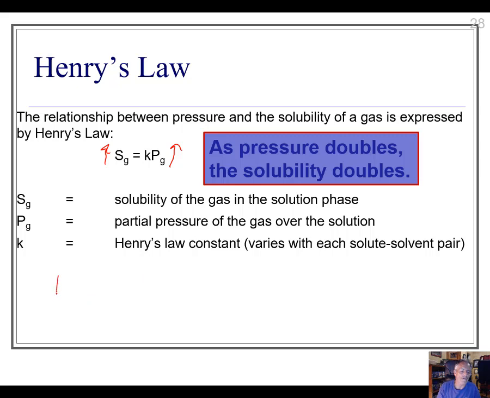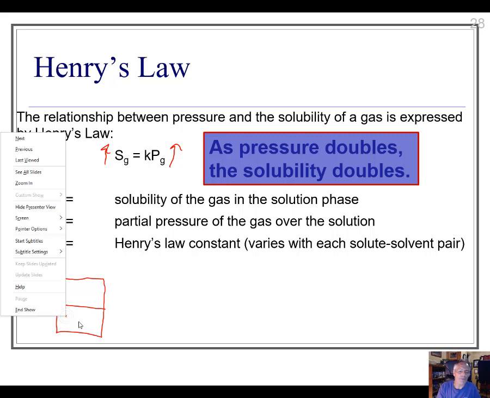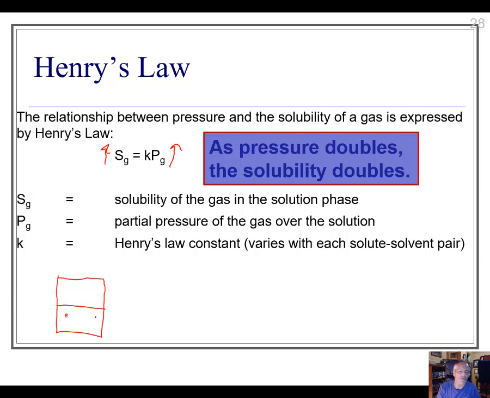Let's say I've got a container and there's liquid in this container. We'll just make it half and half. So I've got some gas particles dissolved in the container. Try and mix them up a little bit.